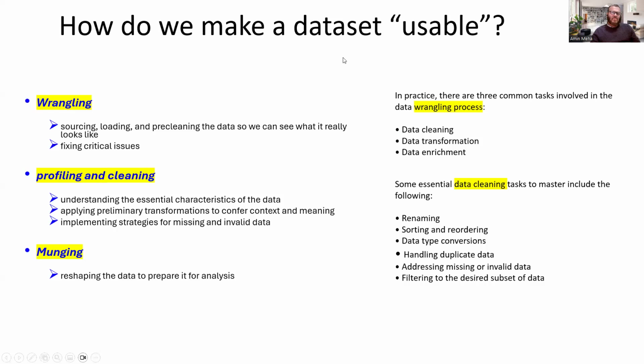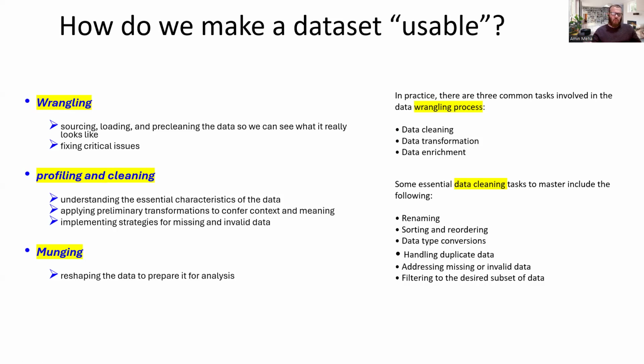How do we make a data set usable? The process is to do the wrangling, profiling, cleaning, and munging of the data, and then move on. Wrangling the data means sourcing, loading, and pre-cleaning the data so we can see what it really looks like and fix the critical issues.